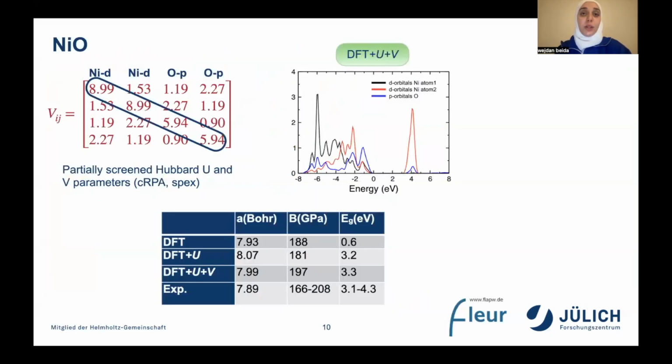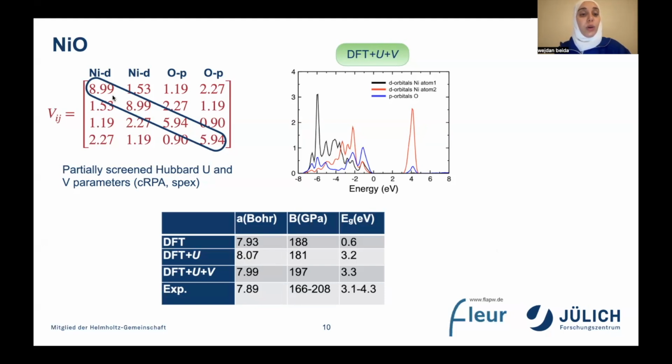Now, let me return to the example of nickel oxide. We construct a model that includes the nickel d orbitals and the p orbitals of the oxygen. The Hubbard matrix obtained after performing constrained random phase approximation is structured as follows.